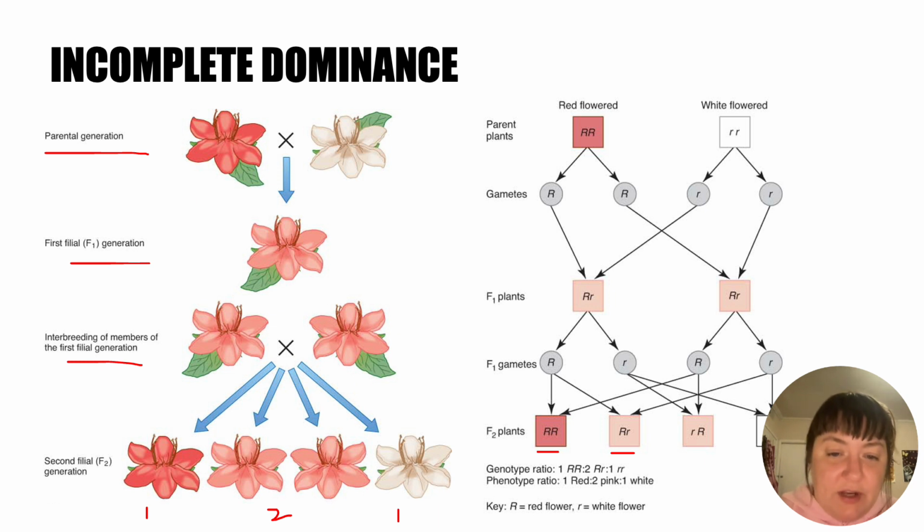And then my face is covering it here, but the white flower is going to have 2 lowercase r's. So that's where you get the 1 to 2 to 1 ratio. So that's the end of the Mendelian genetics section.